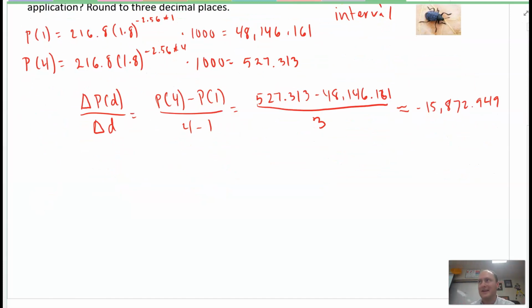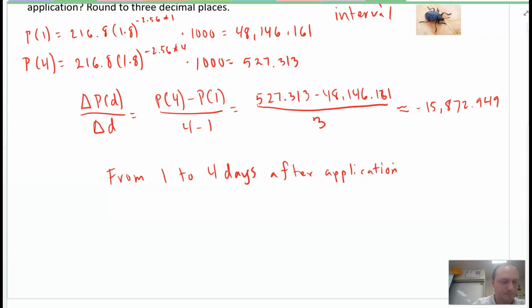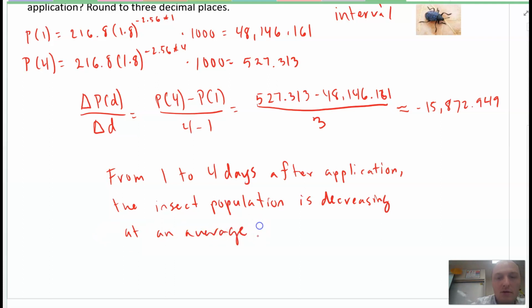This is a context problem, so we need to answer in context. So we can say from 1 to 4 days after application, the insect population is decreasing at an average rate of 15,872 and 0.949 insects per day.